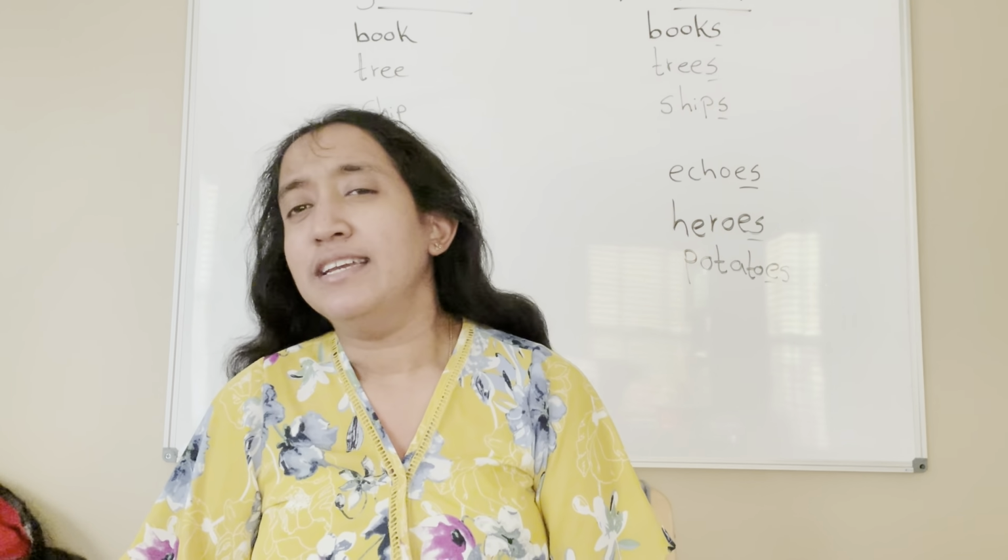So when a noun indicates more than one, it is a plural noun. Plural noun is a word that indicates that there is more than one person, thing, place, or an idea. This is the simplest definition for singular and plural nouns.